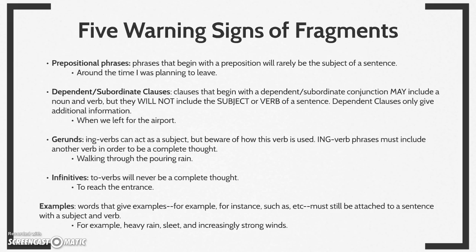Gerunds are another warning sign. You want to watch out for these. Gerunds are ing verbs that can act as a subject, such as dancing is my hobby. In this case, dancing is a noun. It's a thing. It is my hobby, what I enjoy doing. But you always want to be careful of how an ing verb is used.